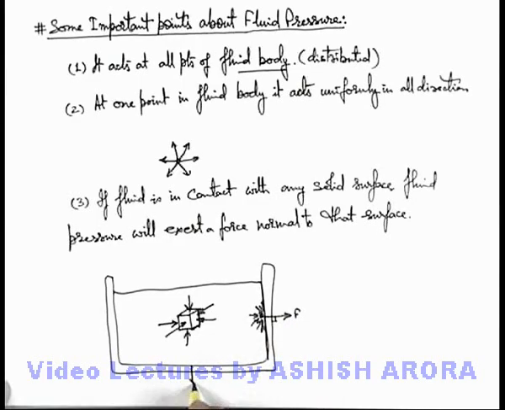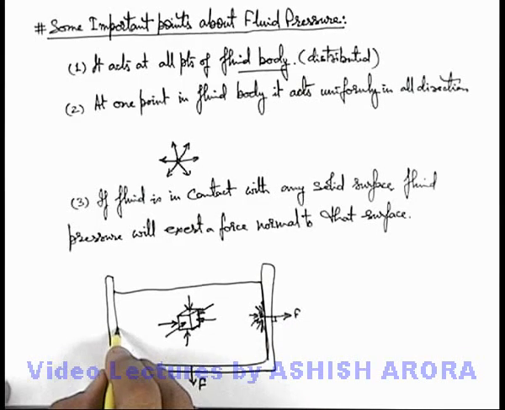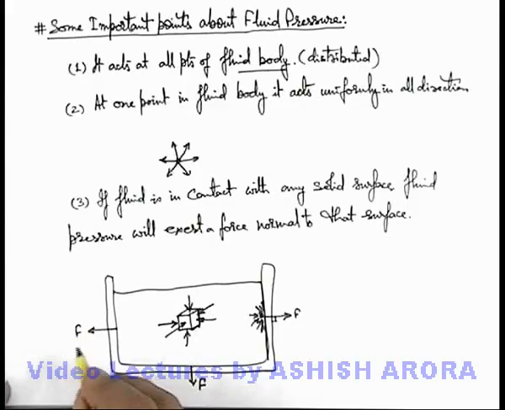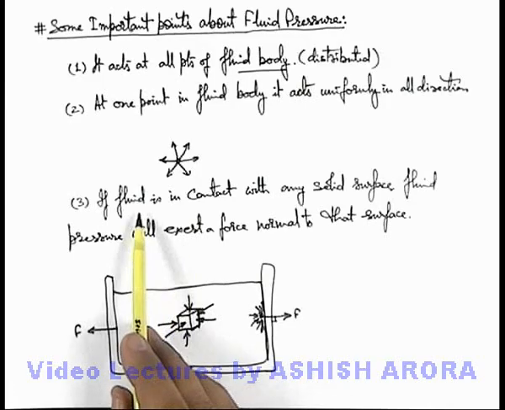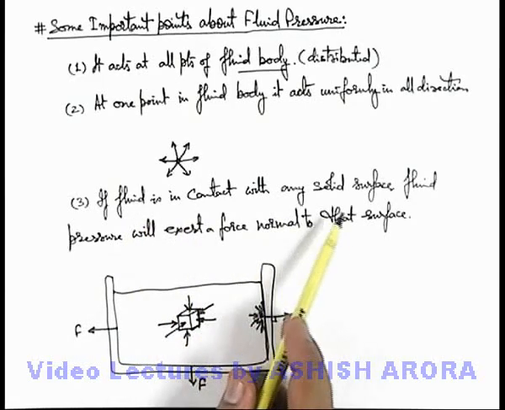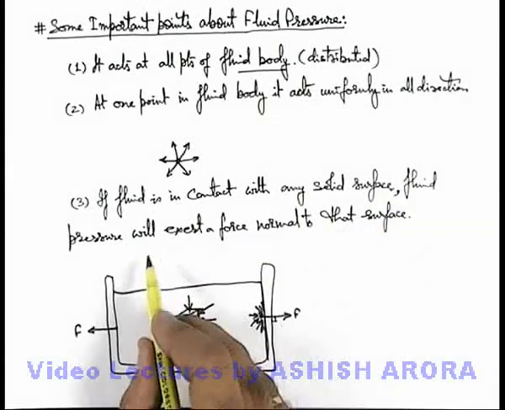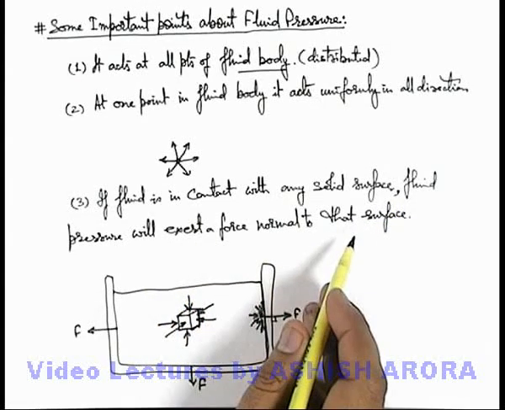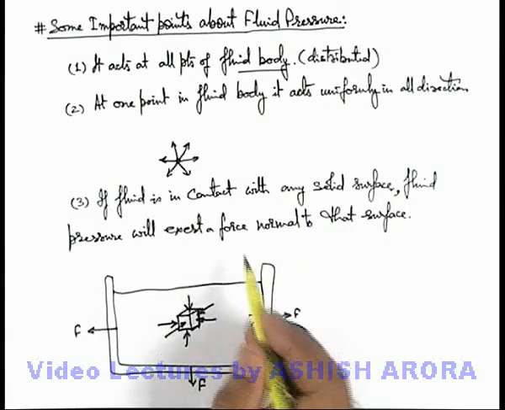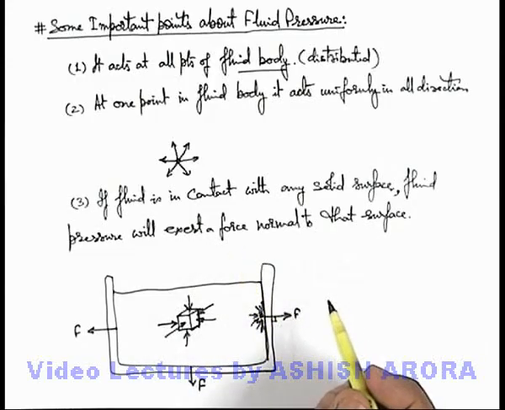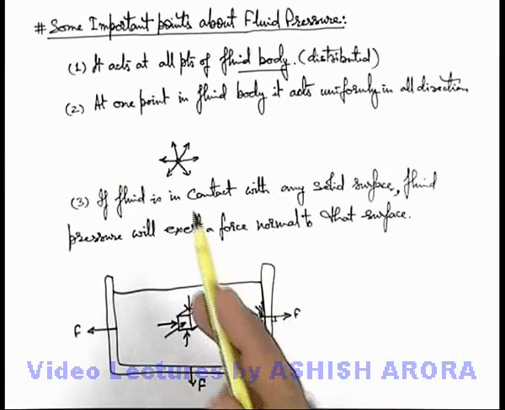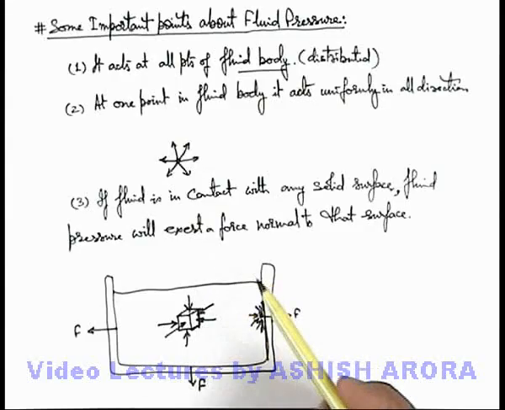Similarly, at the bottom, this force will be in a downward direction. On the left side wall, it will act in the left direction. So we can directly keep in mind that if a fluid is in contact with any solid surface, fluid pressure will exert a force normal to that surface. Based on this concept, we are going to execute several numerical derivations. So just keep these important points always at your fingertips.